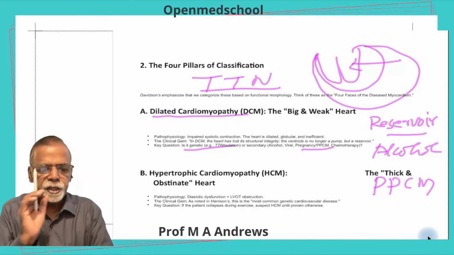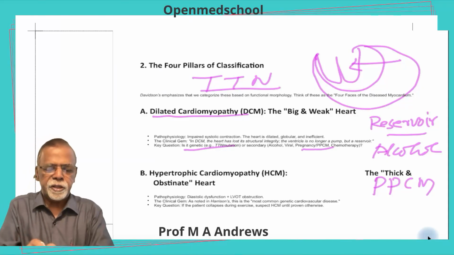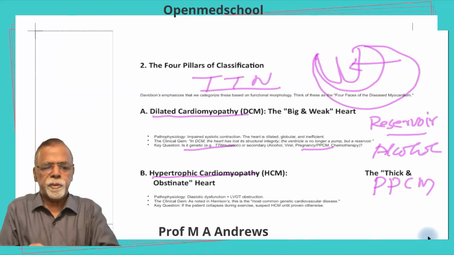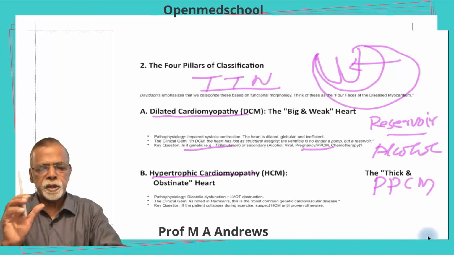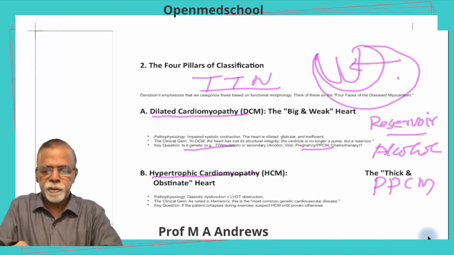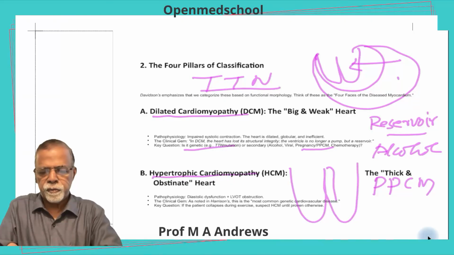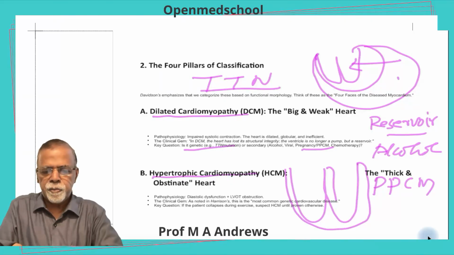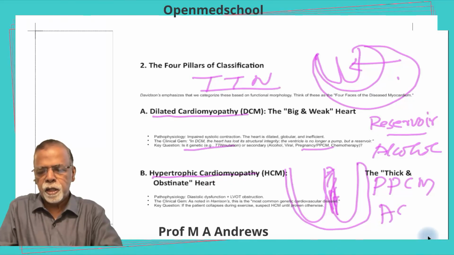Once you remember the DCM, the second type is HCM. It is hypertrophic cardiomyopathy. Here it was dilated, but in hypertrophic cardiomyopathy the heart is thickened, and usually there is a septal hypertrophy. Asymmetrical septal hypertrophy can occur.